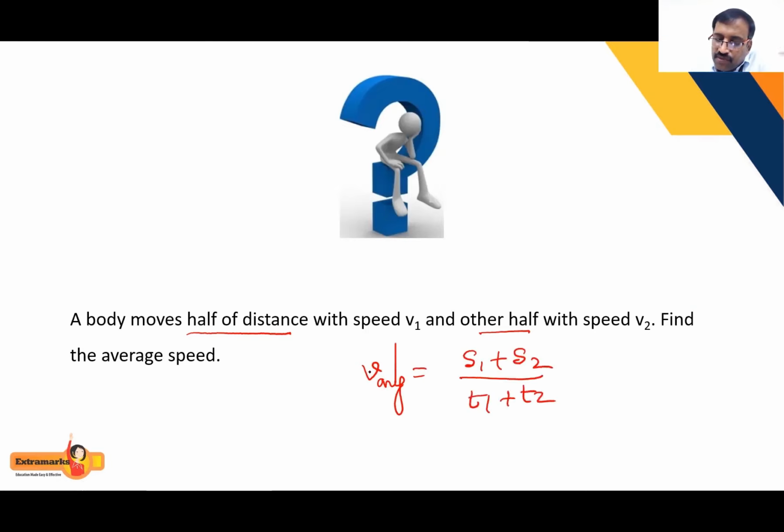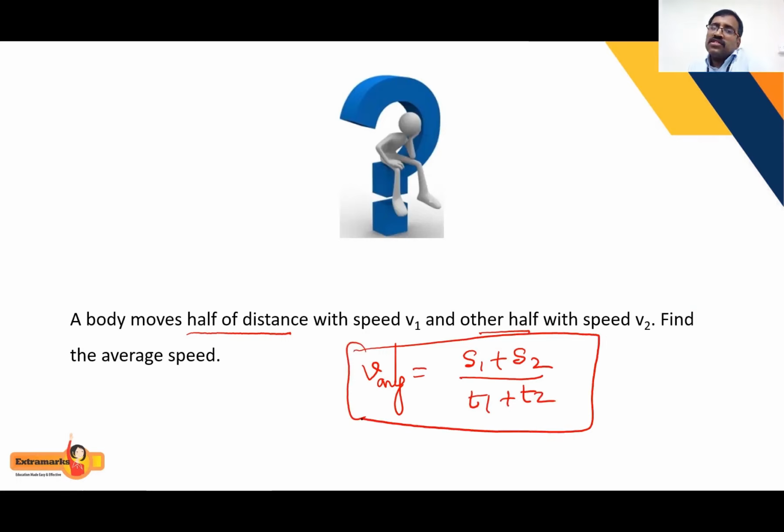Breakup is given, so you should use this formula as I said. But sometimes in the question paper S won't be given, and in place of S, as I discussed earlier, I can substitute the VT formula, because information is given in terms of VT. Then S is equal to VT. Suppose time is not given, time can be written as S by V. So it's up to your choice of the question.